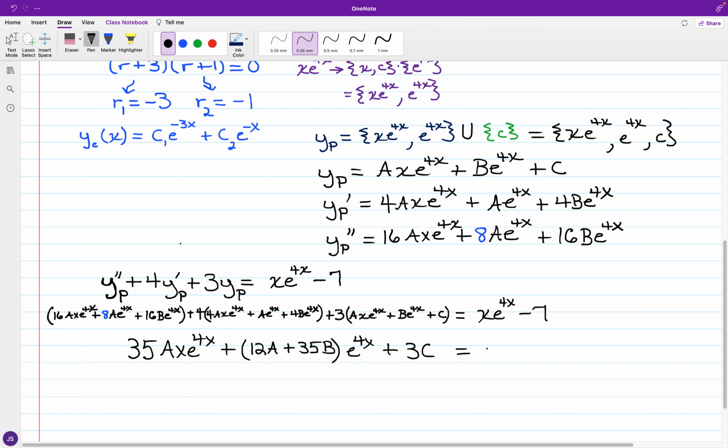Again, this is equal to x times e to the 4x minus 7.